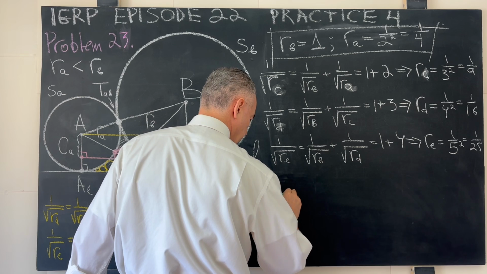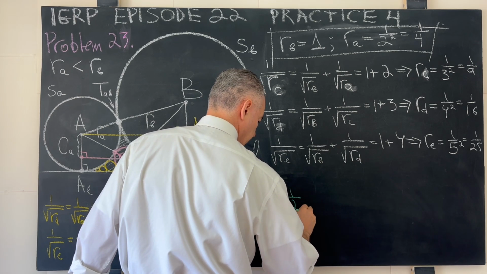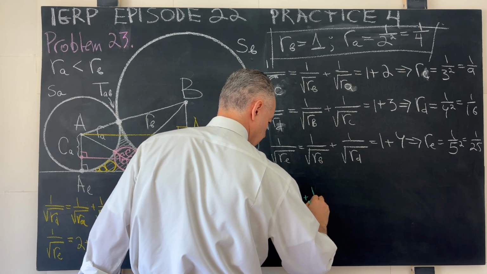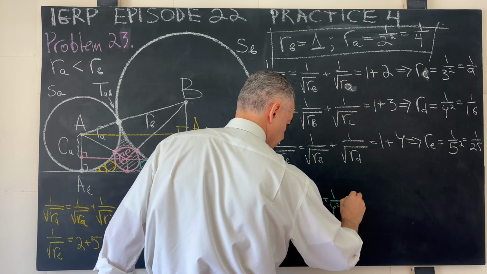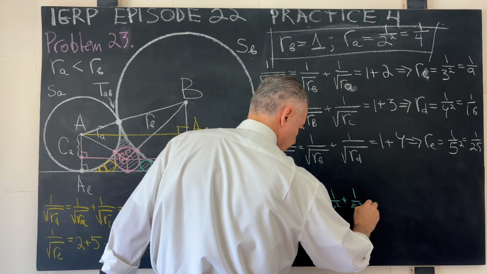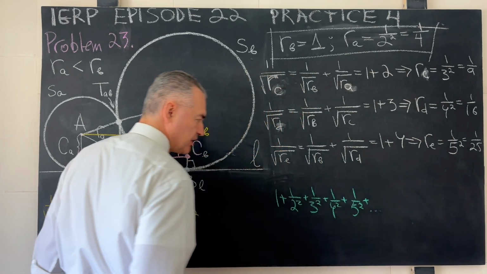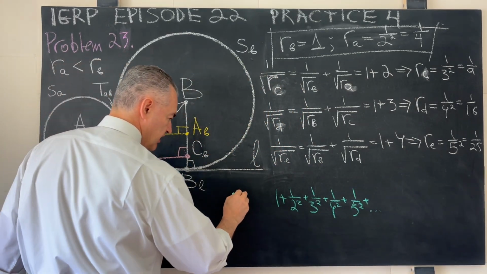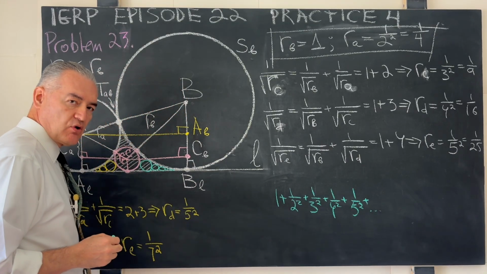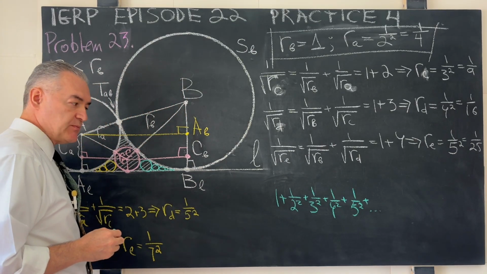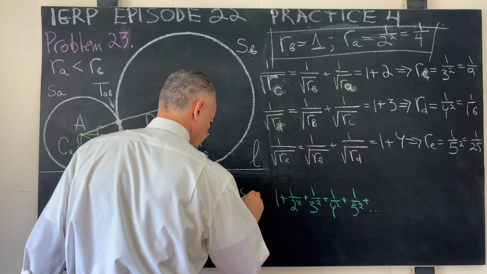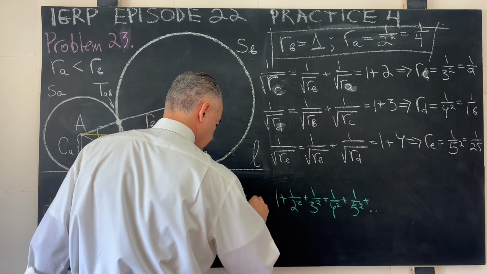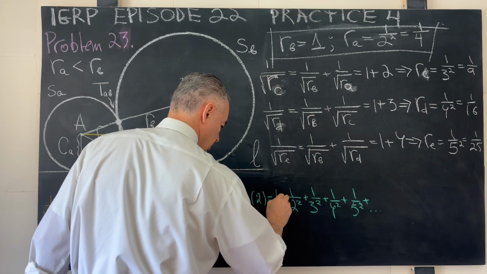We'll have 1 plus 1/2 squared plus 1/3 squared plus 1/4 squared plus 1/5 squared plus, and so on. If we continue this process indefinitely, this is actually the value of the so-called Riemann zeta function evaluated at the argument 2.